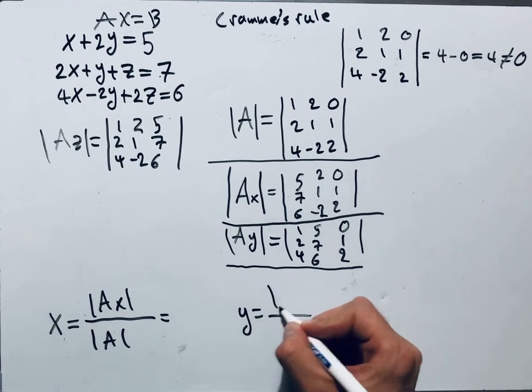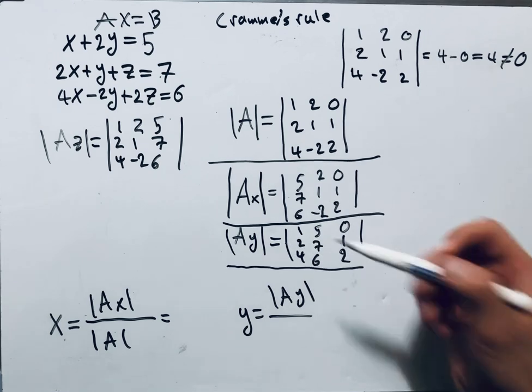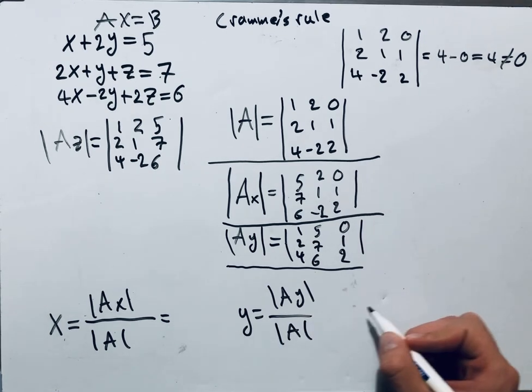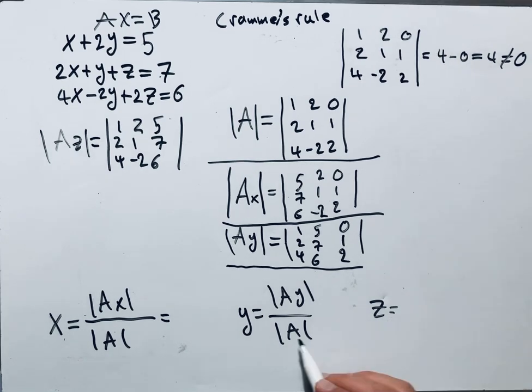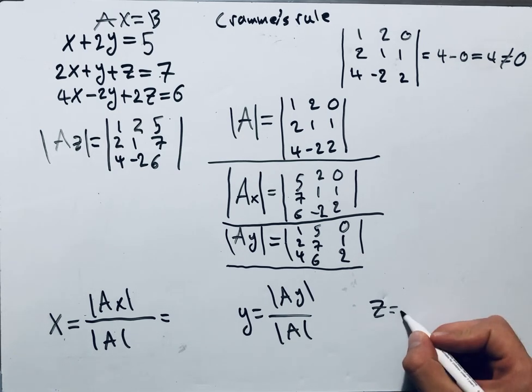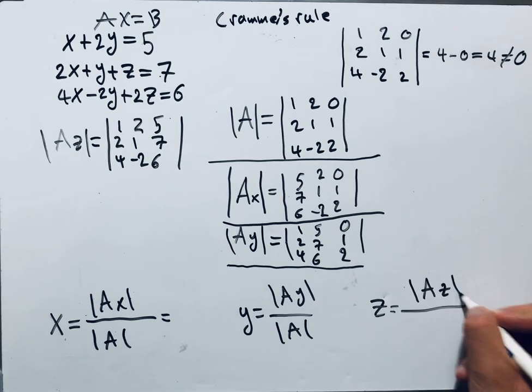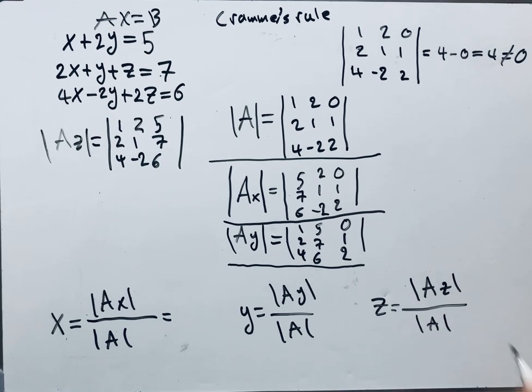So y would be the determinant of A sub y over the determinant of A. As you can see, the determinant of A is repeated every time, and it's in the denominator of a fraction. That's why we needed it to be not 0. So z is going to be A sub z divided by the determinant of A.